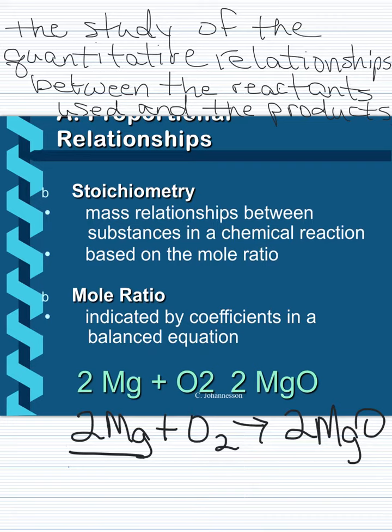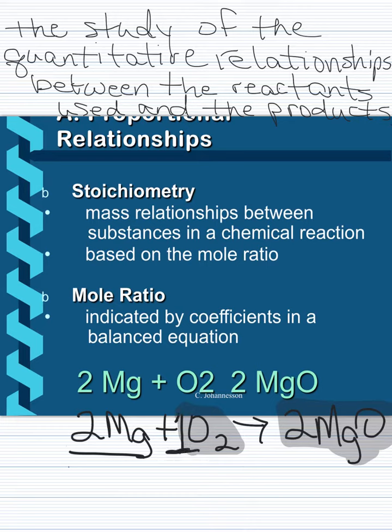We can look at other ratios in this chemical equation. We can look at oxygen here, and the relationship to magnesium oxide. And in this situation here, we have this invisible imaginary 1, right?